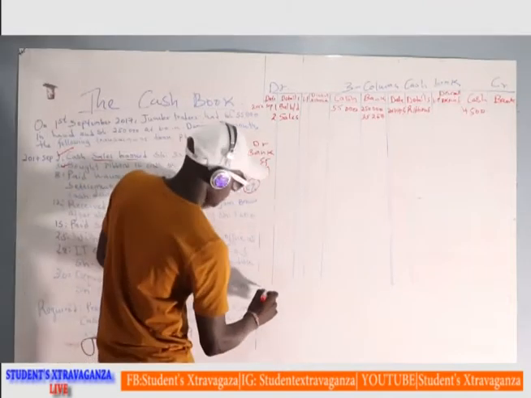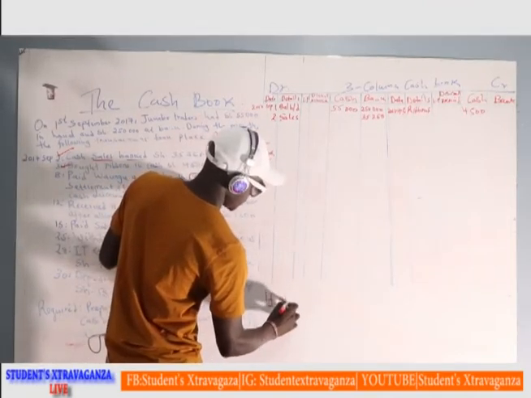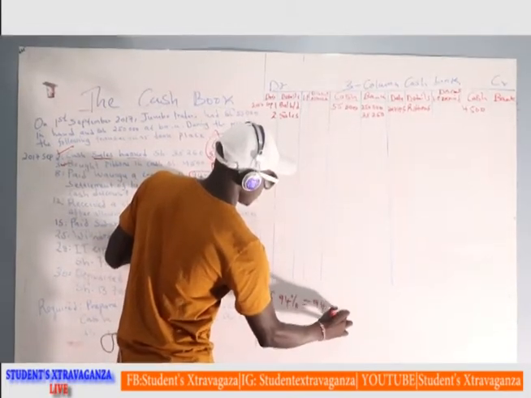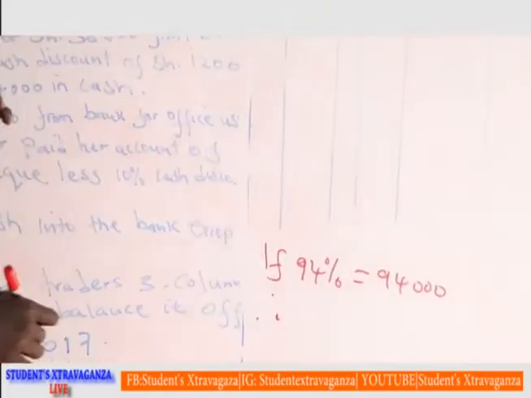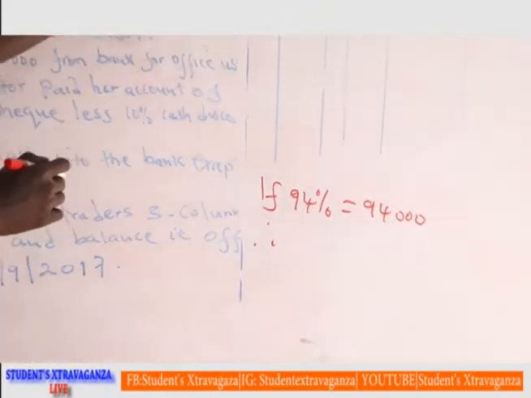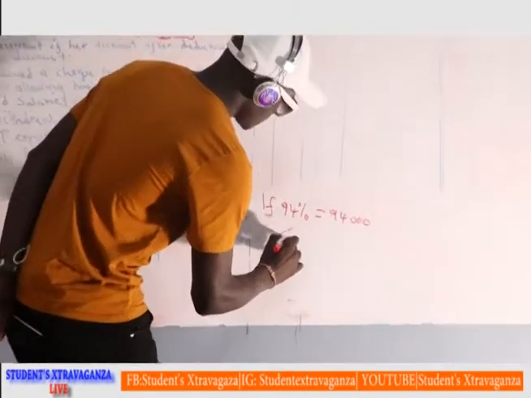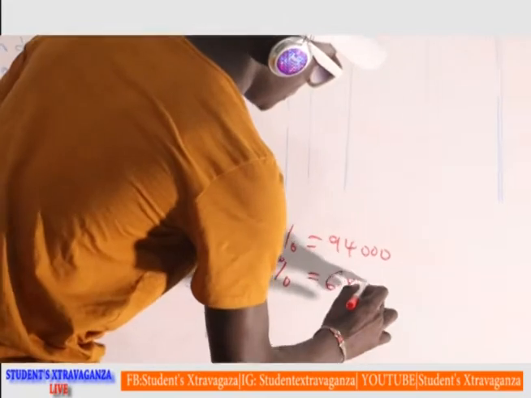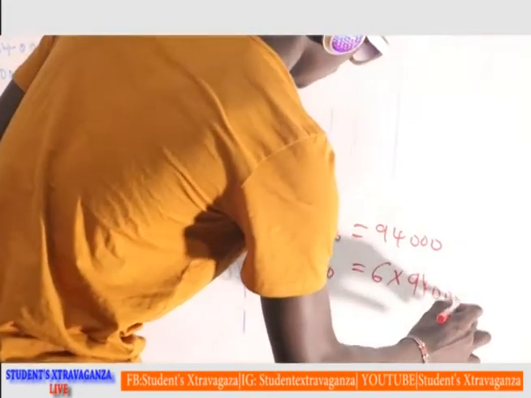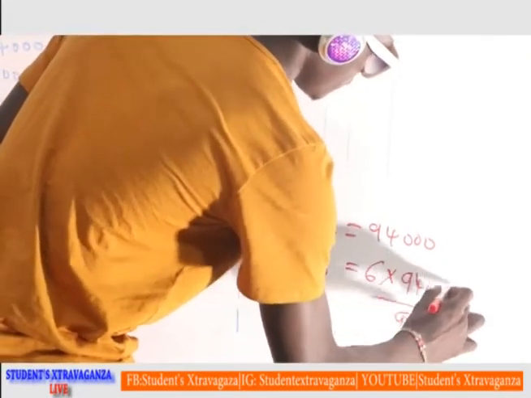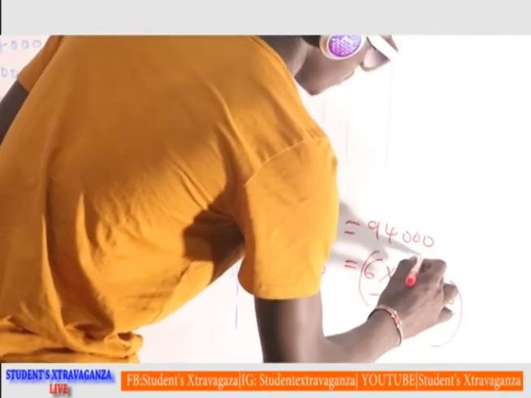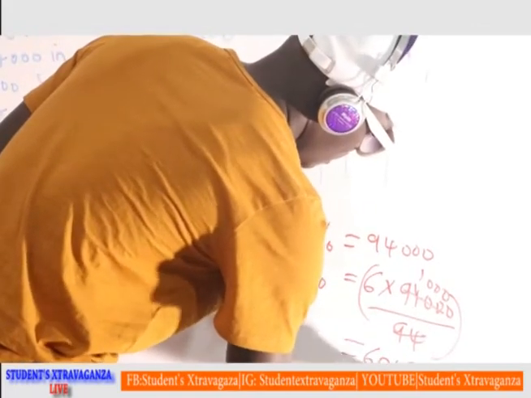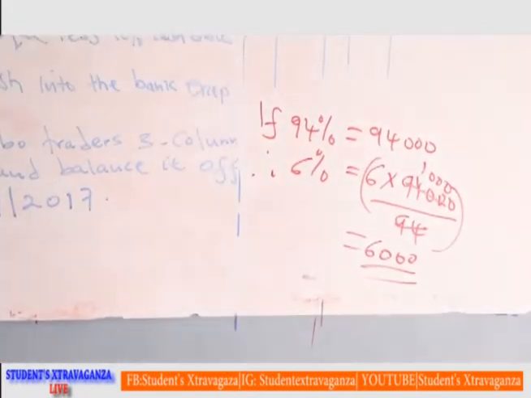If 94% equals 94,000, therefore 6%, this is the discount that he received, will be 6 times 94,000, divided by 94. 94 goes into 94,000 1,000 times. So the discount that he received is 6,000.